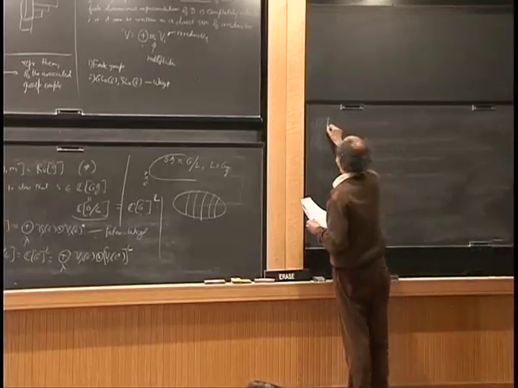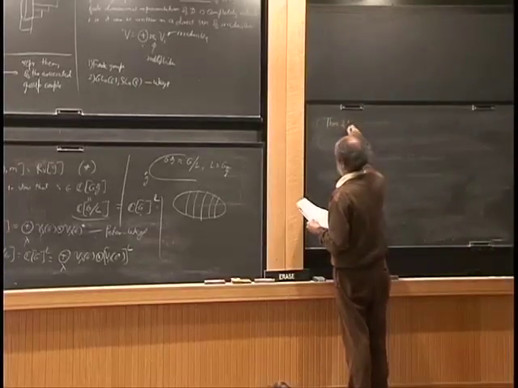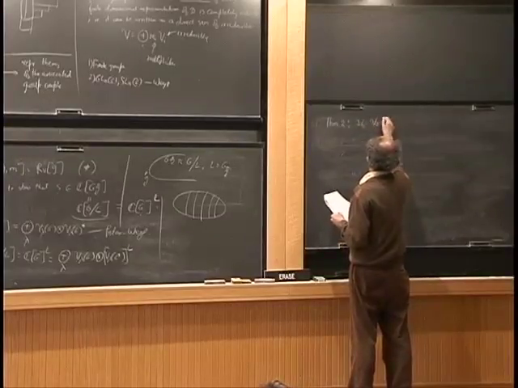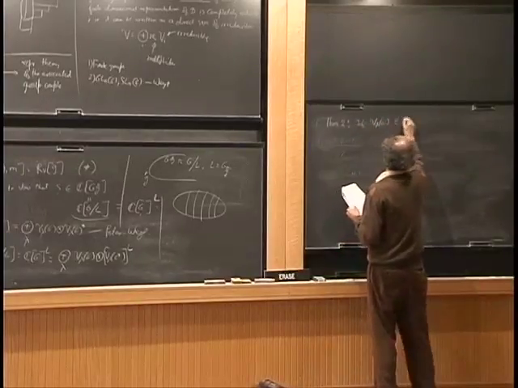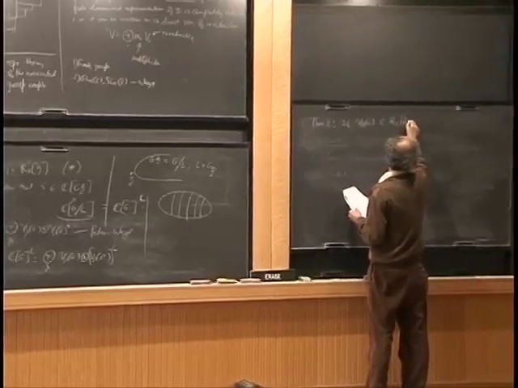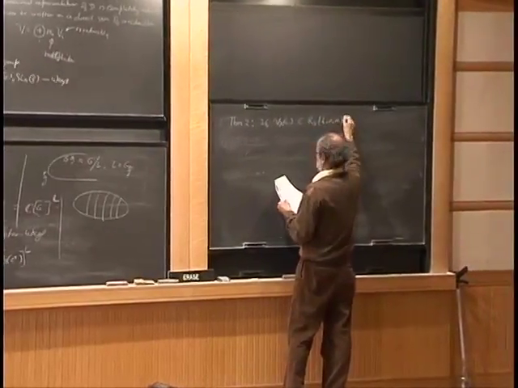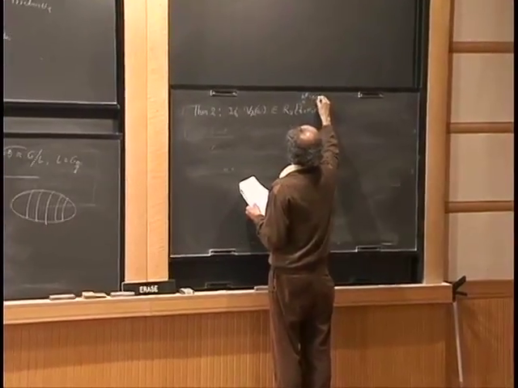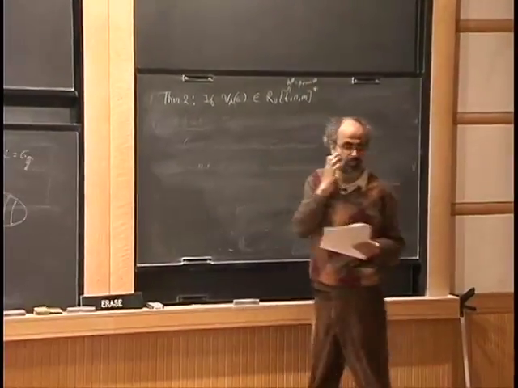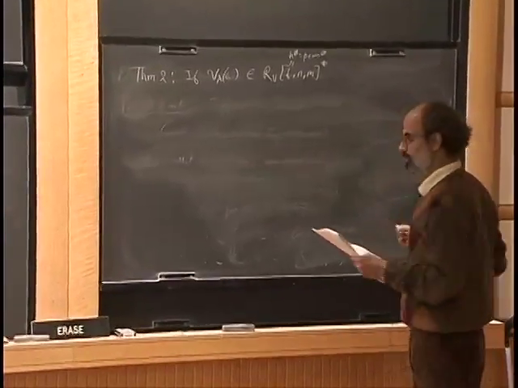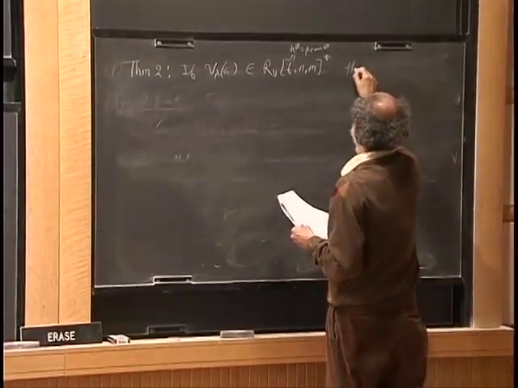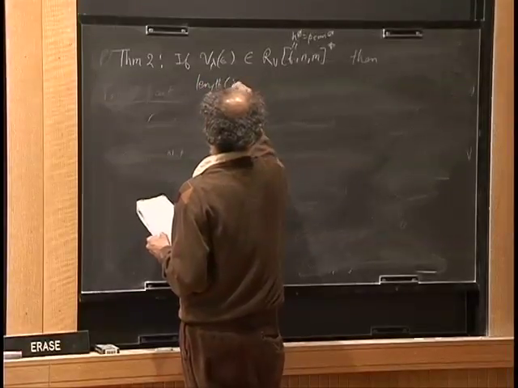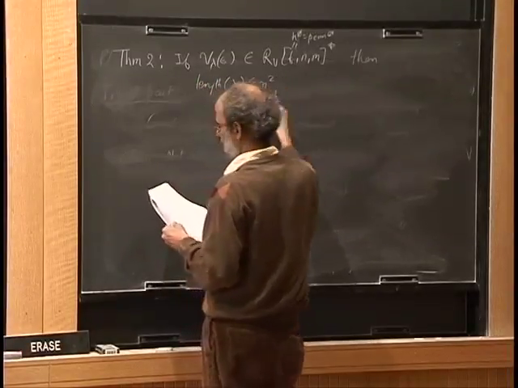So theorem 2: if V lambda G belongs to the coordinate ring of the orbit closure of F n m star, where F is equal to H phi, the lifted permanent, then one can say the following: that the length of the partition lambda is less than or equal to n square.